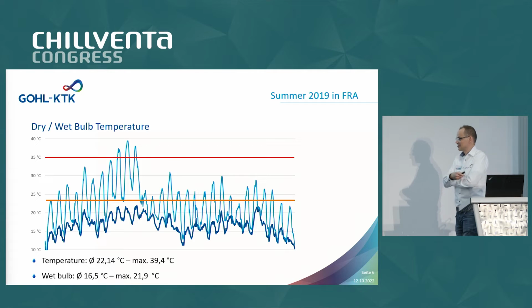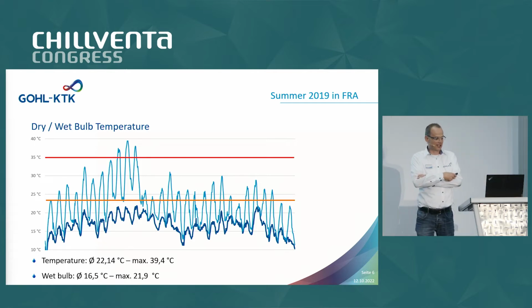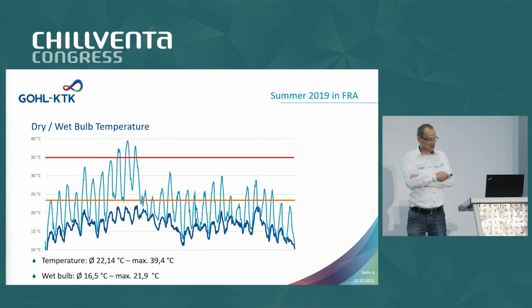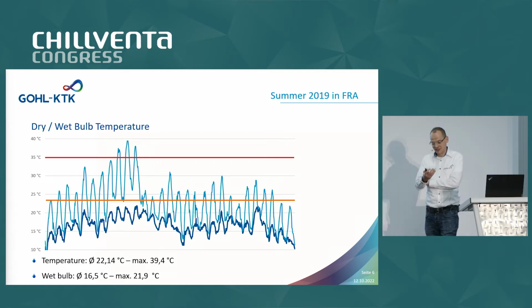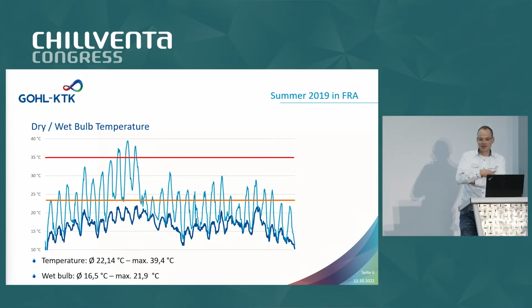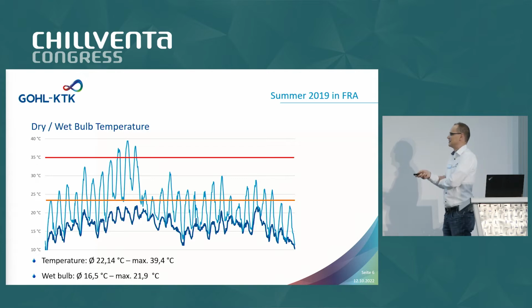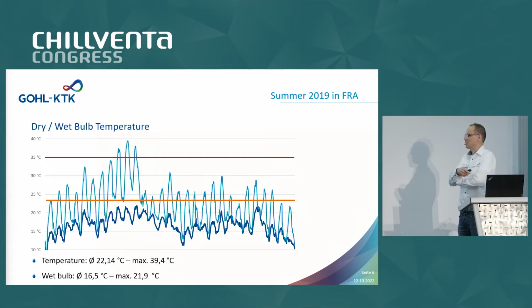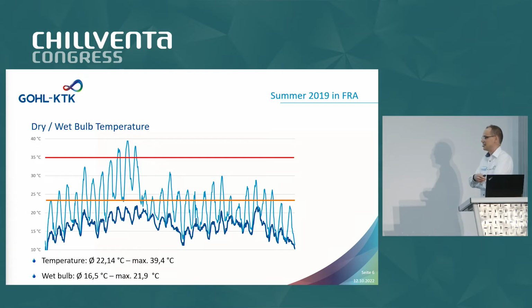Why do we do this? The evaporative treatment of the air. I showed you the dry temperature, as we call it, has, especially in the summer, very high peaks. If we go to the wet bulb temperature, the temperature chart is more even, and of course the wet bulb temperature is very much lower than the dry temperature.